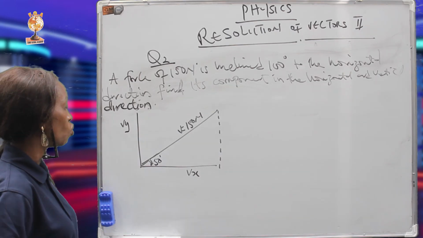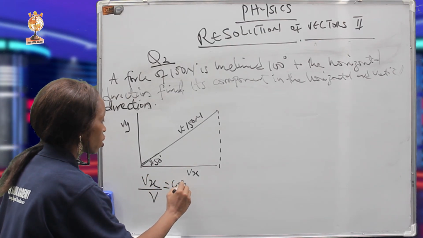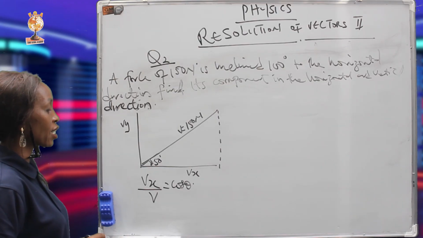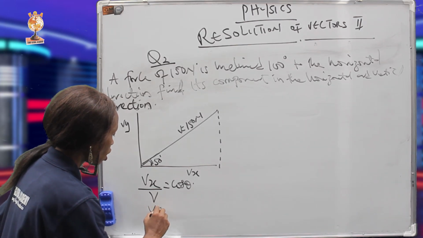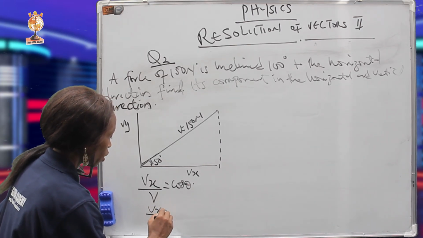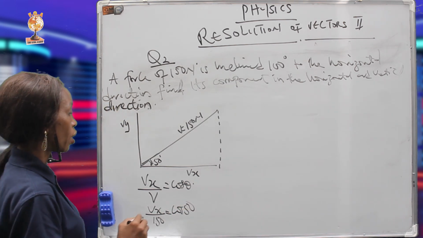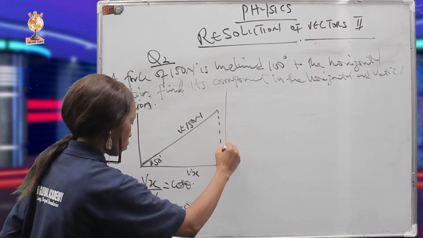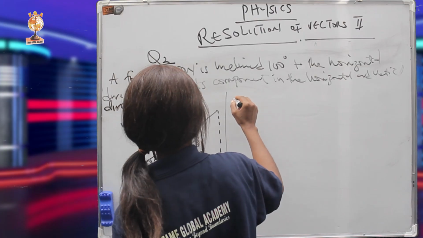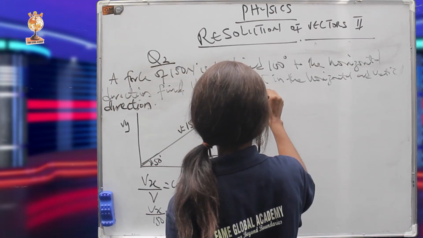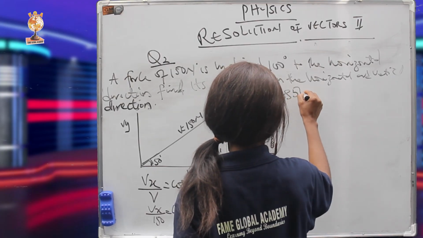So let's continue. We have Vx over V is equal to cos theta, because all the horizontal axis components are cos theta. Vx is still unknown, V is 150, and the angle is 50 degrees. So if I cross multiply again, we have Vx is equal to 150 cos 50 degrees.